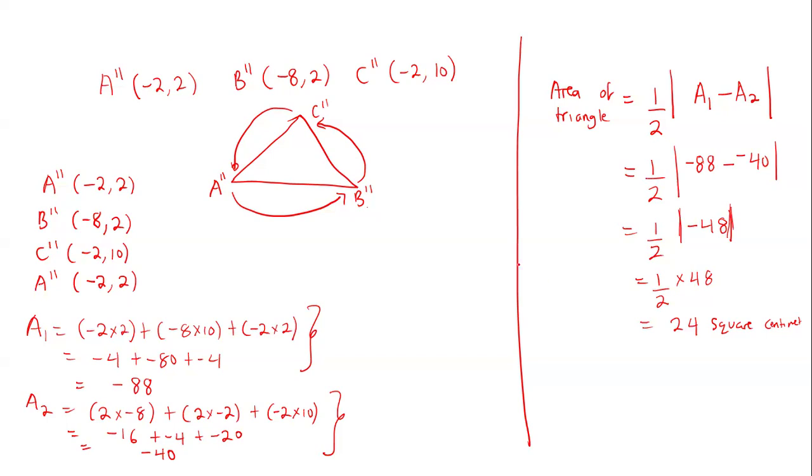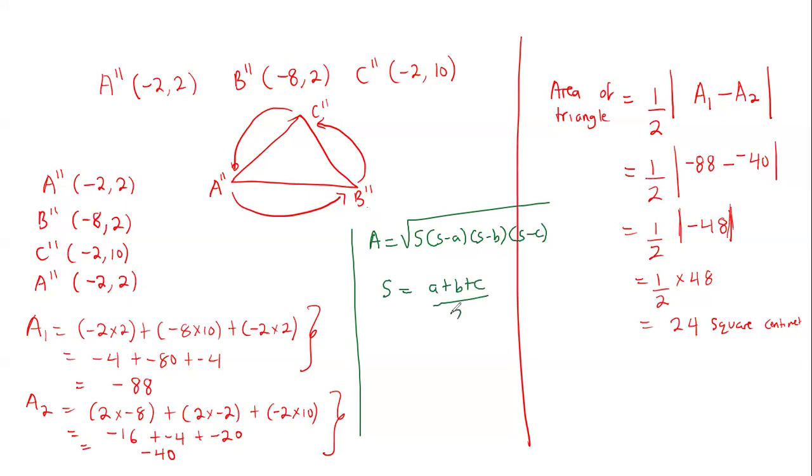Now, Heron's formula, I'm just giving it for your own knowledge. Whenever you want to obtain the area of any triangle, you can use it. It is always given by the square root of s times (s minus a) times (s minus b) times (s minus c), whereby s stands for (a plus b plus c) over 2.